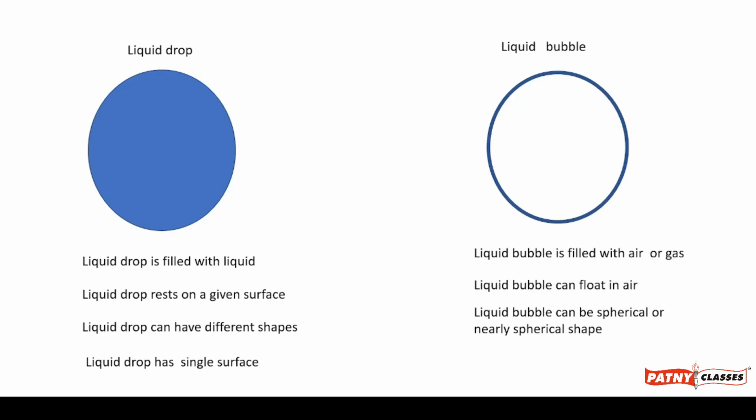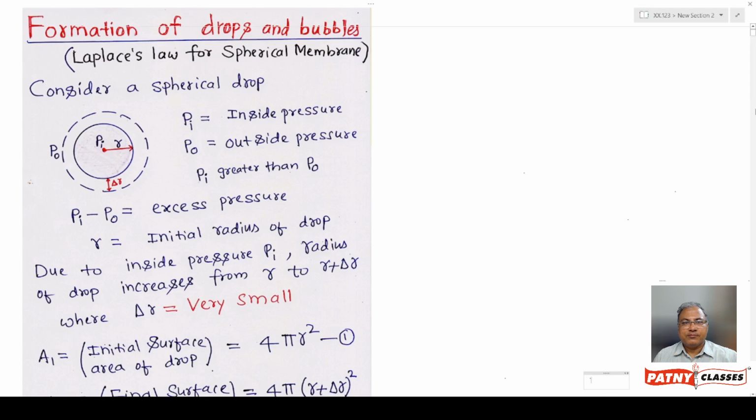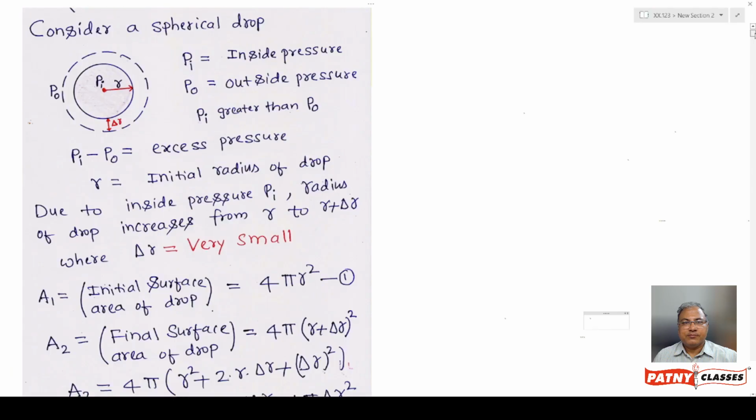Liquid drop has a single surface, that is the outside surface, whereas the liquid bubble has two surfaces. One is the inside surface, another is the outside surface. Whenever the liquid drop and liquid bubbles are formed, we talk about two types of pressure: the inside pressure and the outside pressure of the liquid drop or bubble.